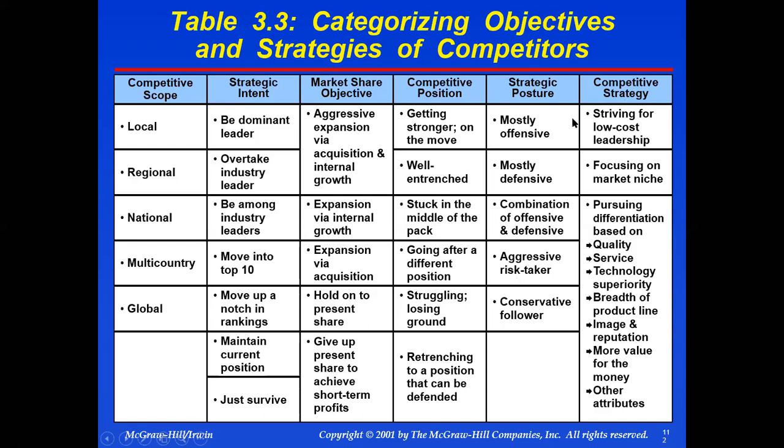And competitive strategy can be pursuing differentiation based on quality, service, technology, superiority, breadth of product line, image and reputation, more value for the money, and other attributes. So through this table, we can at least get an idea of the strategic aspects related to the competitive scope we are exposed to.